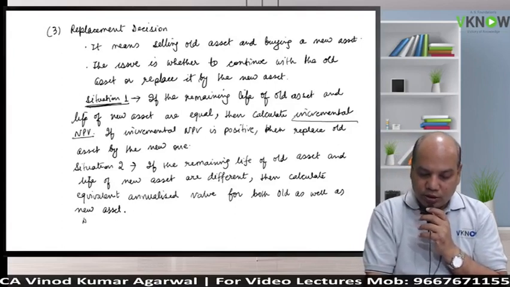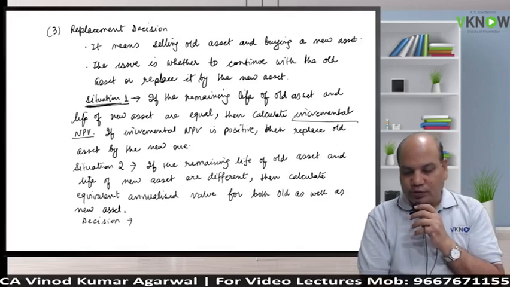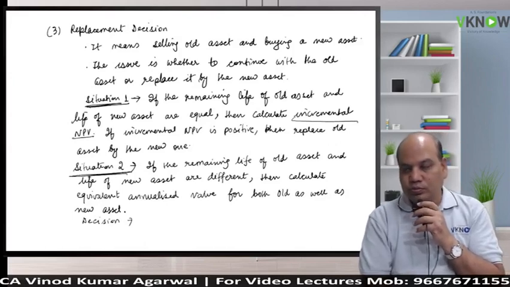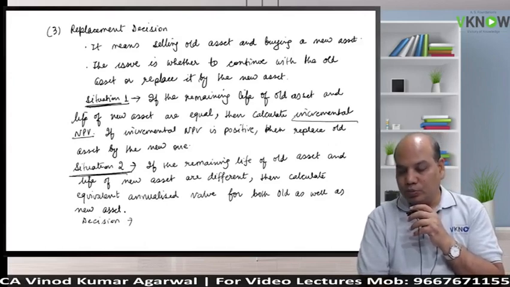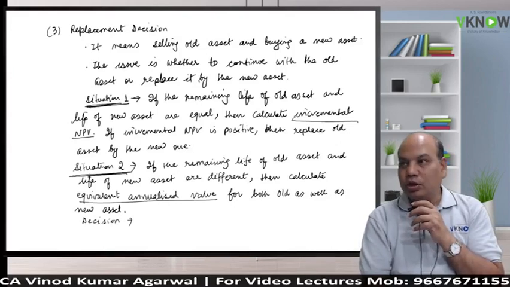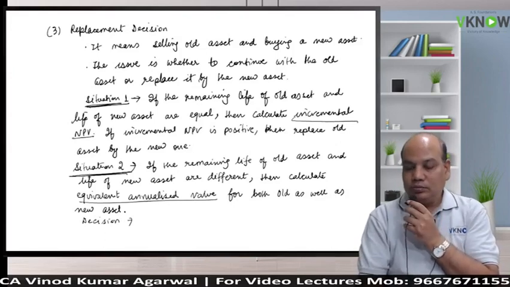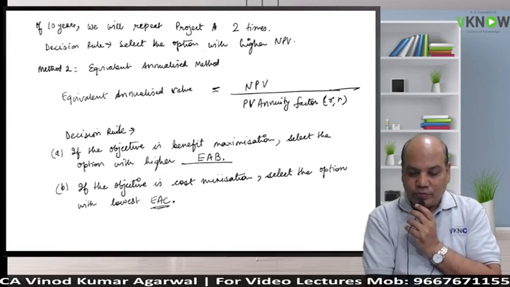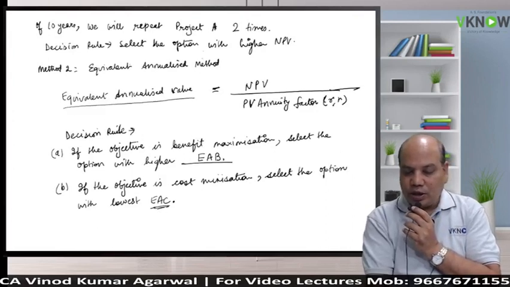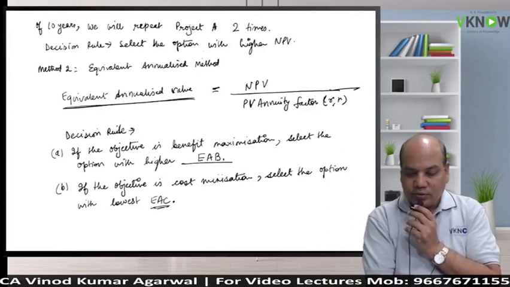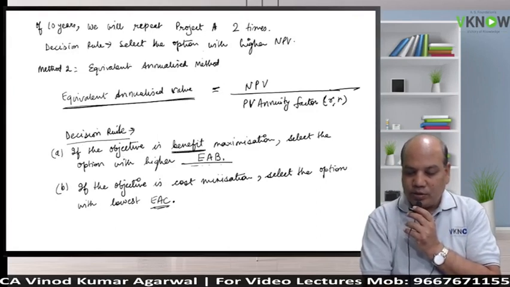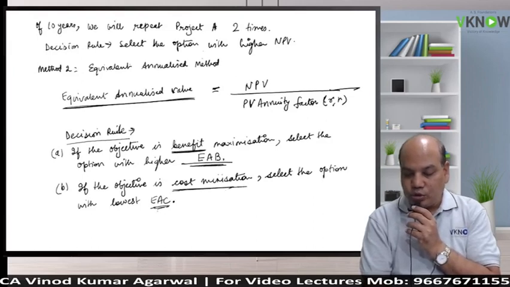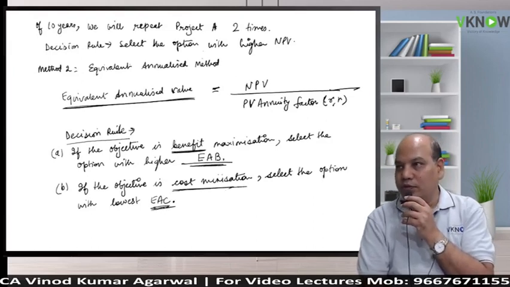Then how do you take a decision in situation number 2? After computing equivalent annualized value, how will you take a decision? Already explained to you. In the equivalent annualized value method, the decision rule is, if you want to maximize benefit, go with higher EAB. If you want to minimize cost, go with lowest EAC. Is it right?